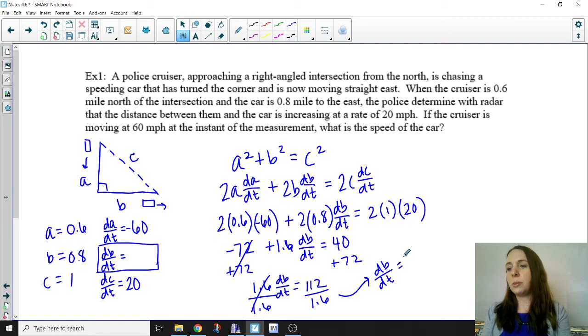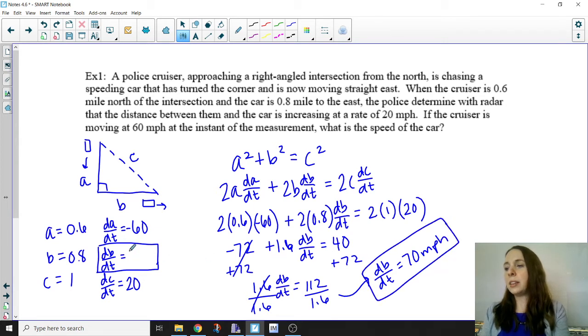Which makes a whole lot more sense, right? Oh, look, I boxed it there, and I have it boxed over here. dB over dt equals 70. Yay. Okay, so with so many different parts changing, you can't take that delta approach to finding a change.